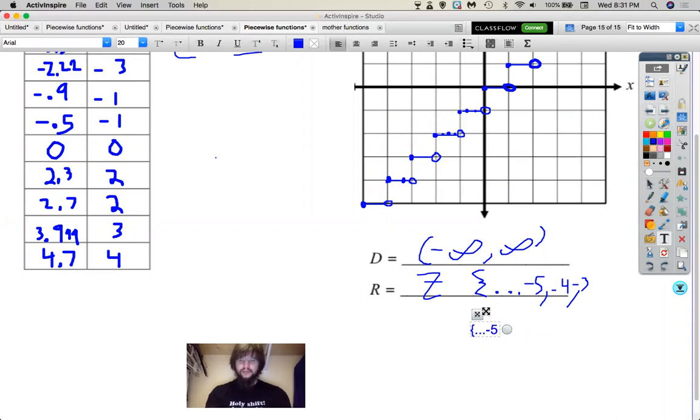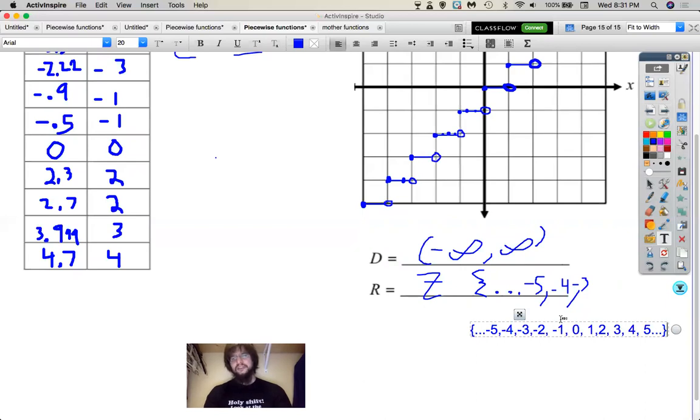Negative 5, negative 4. It's all of our integers. All of them. So that's how we write it out in set notation.